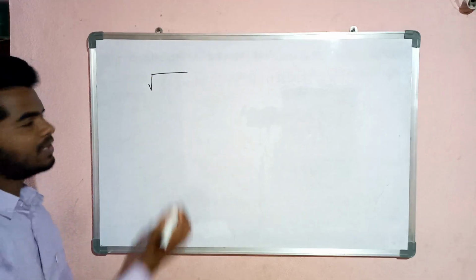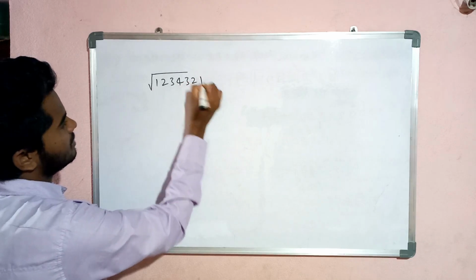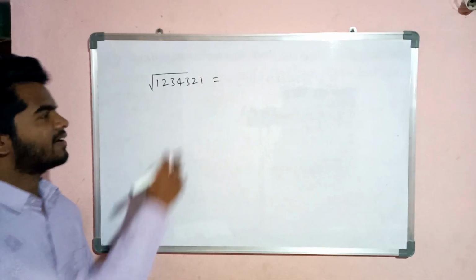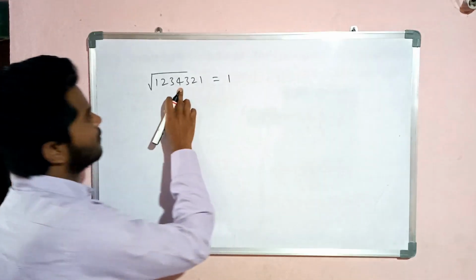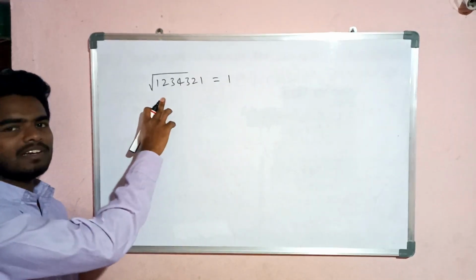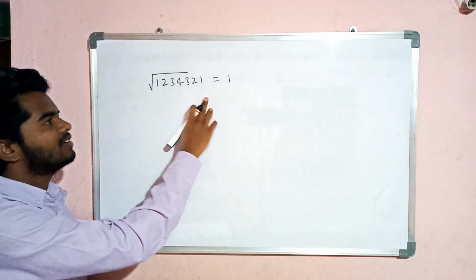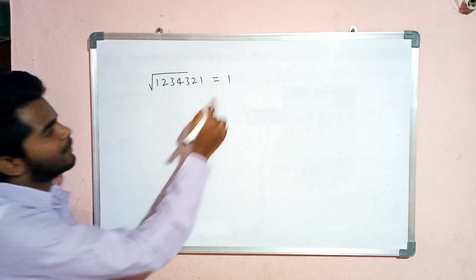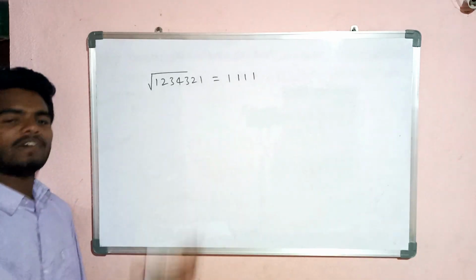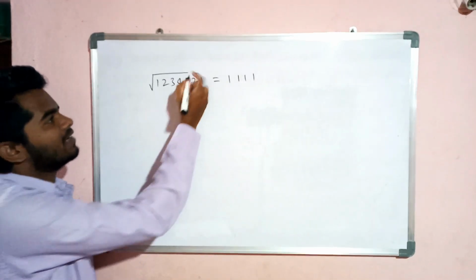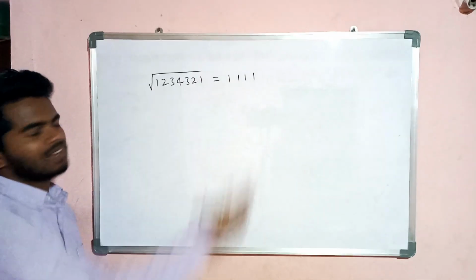Under root of 1 2 3 4 3 2 1 equals 4. 4 is in the middle, decreasing to 1 on both sides. So the answer is 4 ones only.